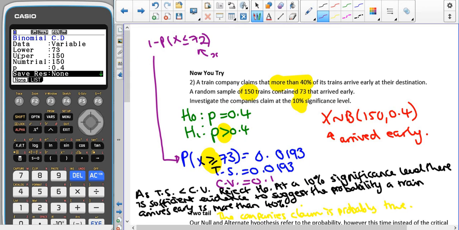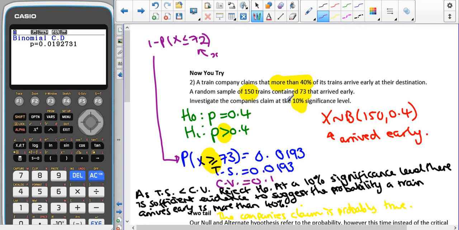If you have an older calculator where you don't have lower and upper and you only have X, 72 needs to go in for your X, and then you need to do 1 minus that answer. So as I was just saying, that gives us a probability of 0.0193.